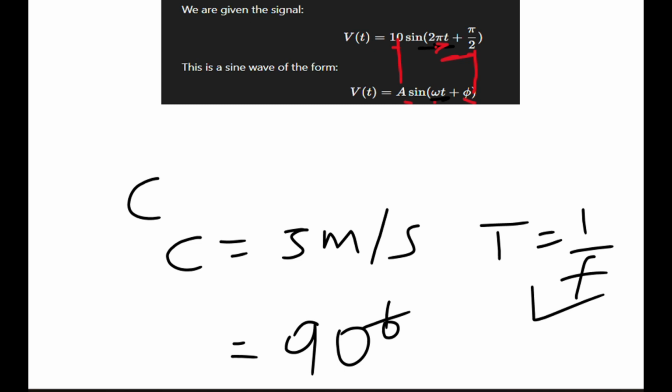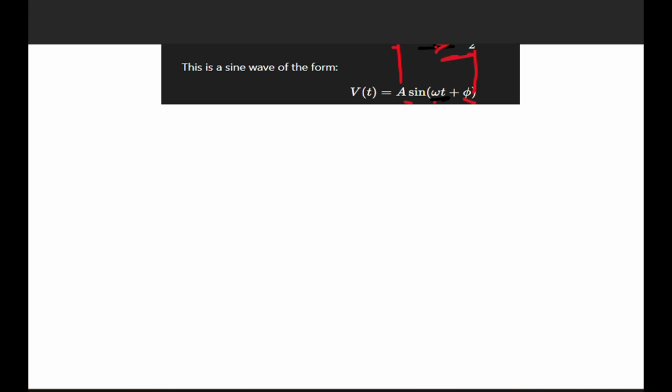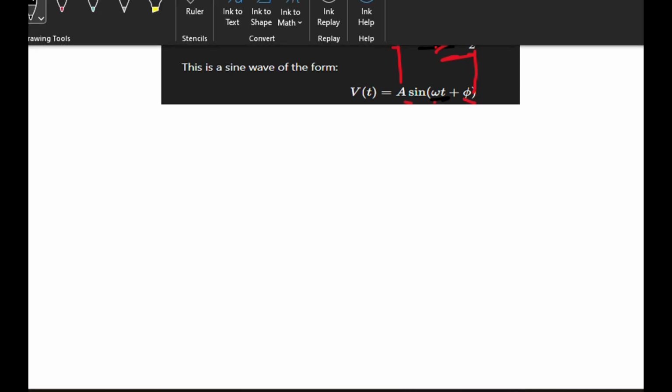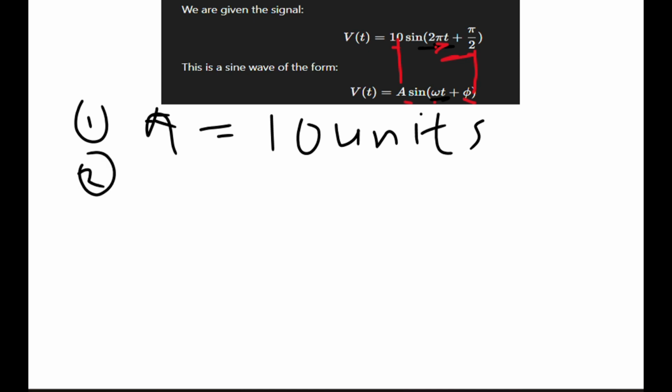So let me give you a brief overview of all that we've done so far. So 1, we found our amplitude, and we saw that our amplitude was equal to 10 units. Because they didn't give you the unit of it, you simply refer to it as unit.